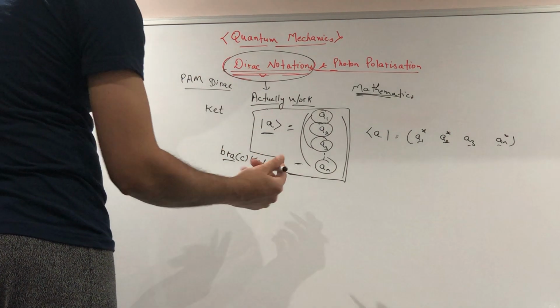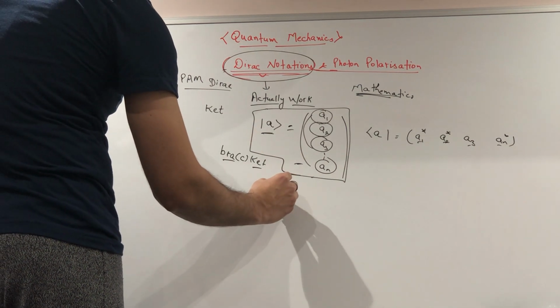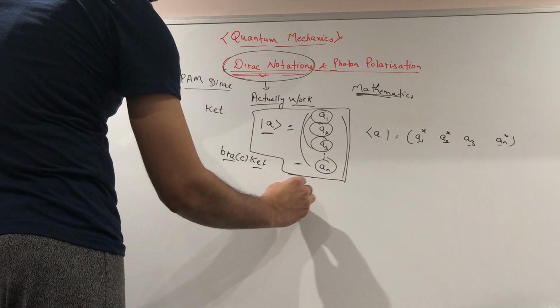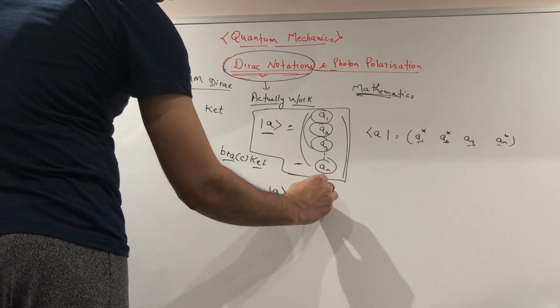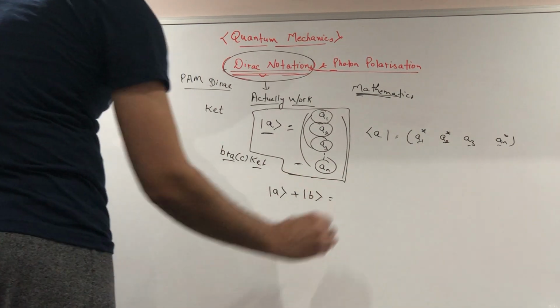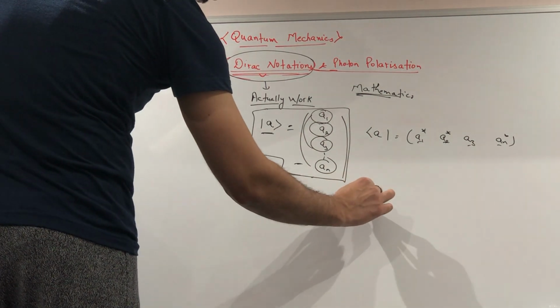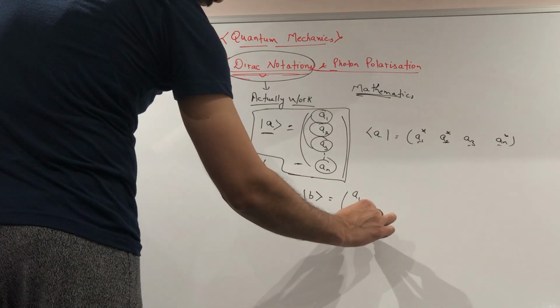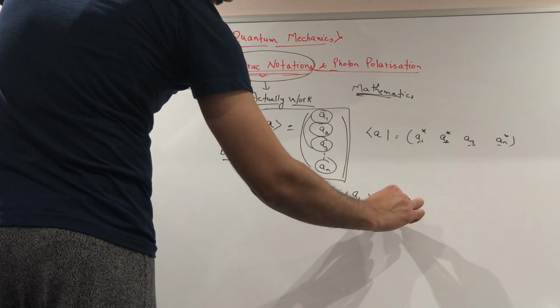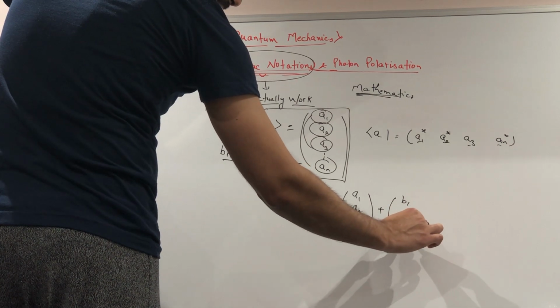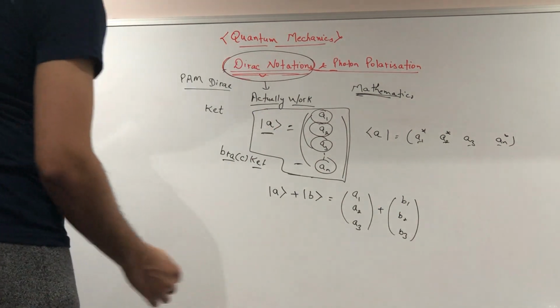Ket is a matrix here. So what happens when I add two kets? Like this. What will it be? A1, A2. I'm taking three elements here only for simplicity. How do these matrices add?